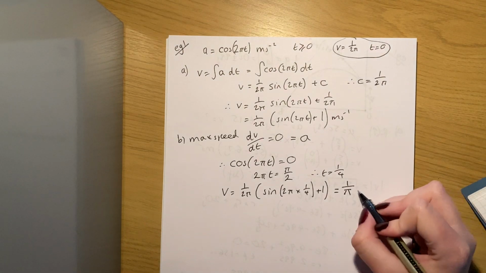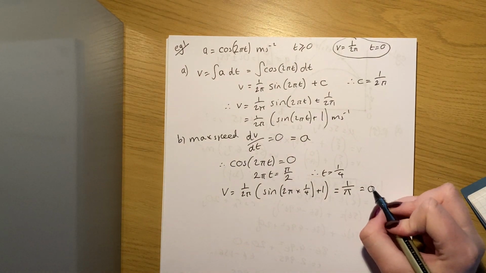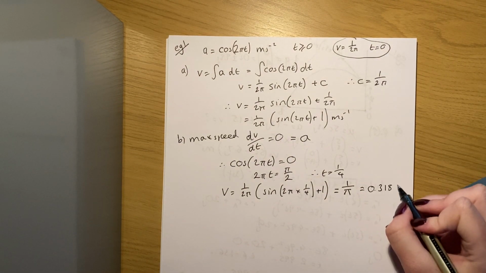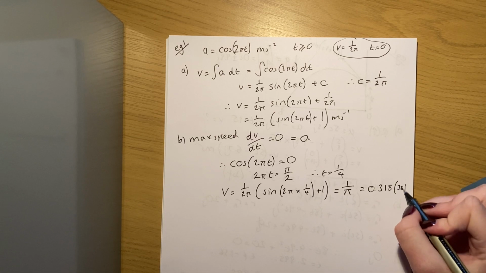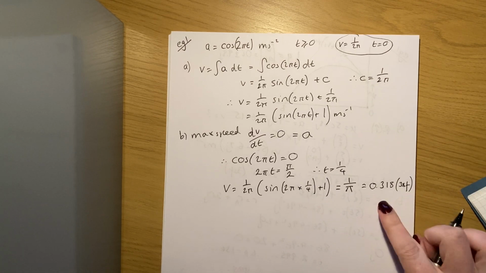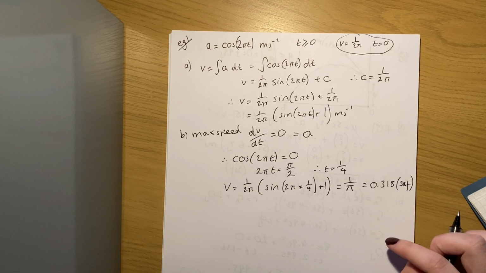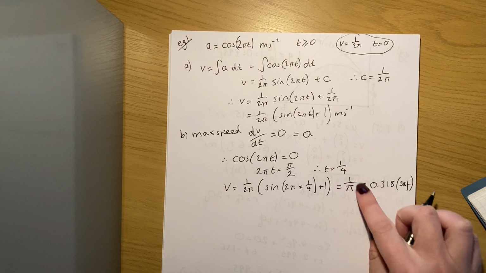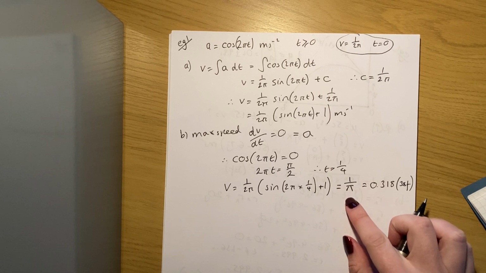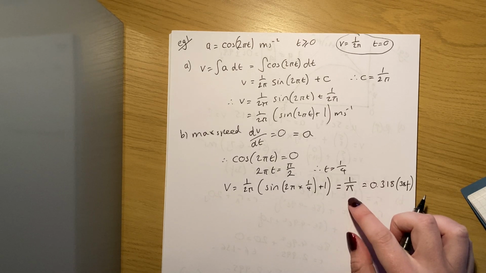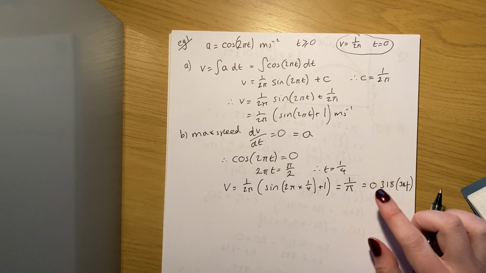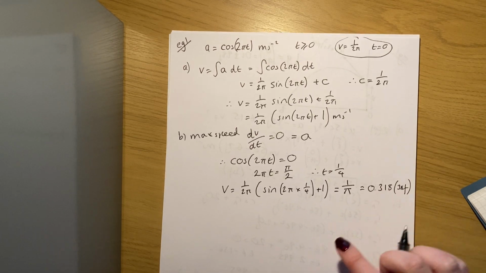If you work the parts out separately, you get 1 over pi, which is 0.318 to 3 significant figures. Now this is what the calculator gave me. My calculator effectively won't write with pi as a denominator, so therefore it automatically gave me this.